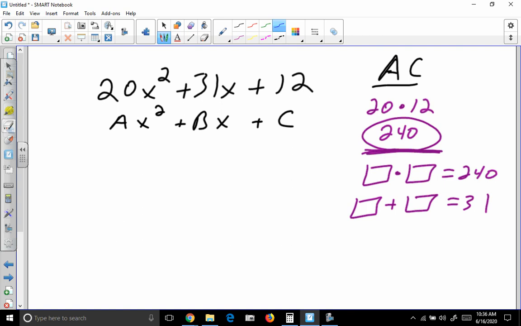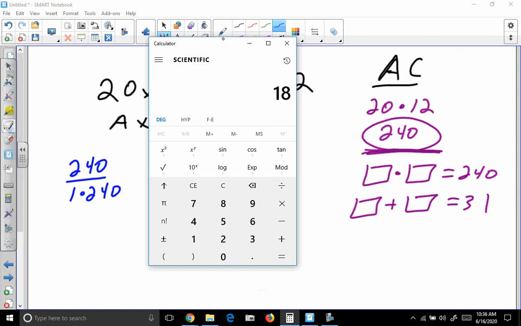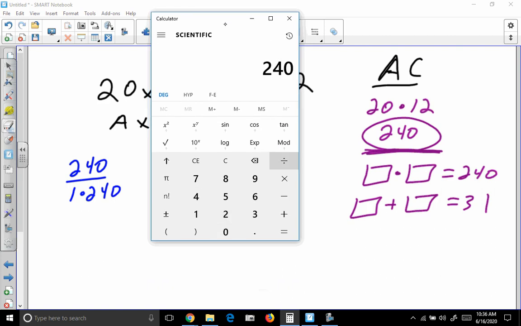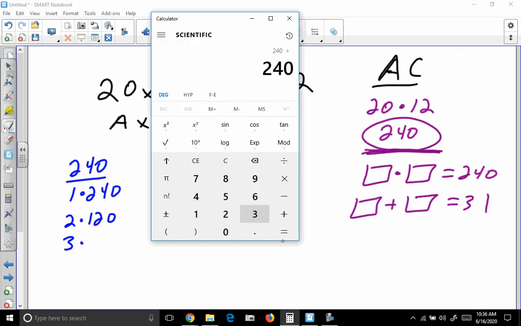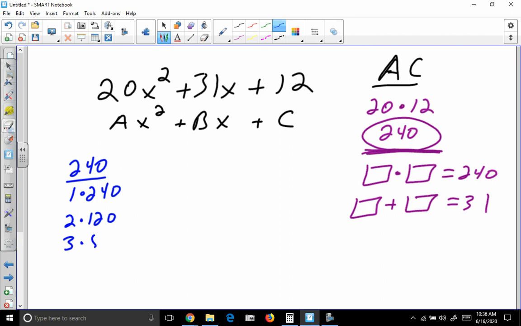So for a lot of us, that might not be necessarily an easy thing, but we can make a list of factors. Of course, it's not going to be 1 times 240, but you can take your calculator and say, well, what goes into 240? Well, 2 goes into 240. 240 is 2 times 120, but those don't add to make 31. Well, 3 goes into 240. 240 divided by 3 is 80.